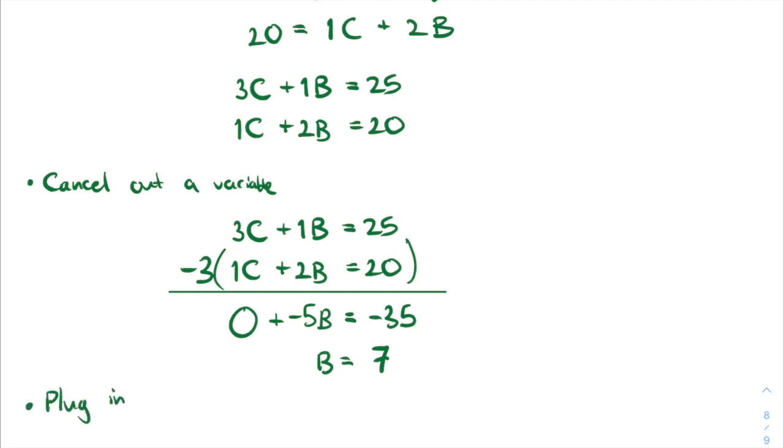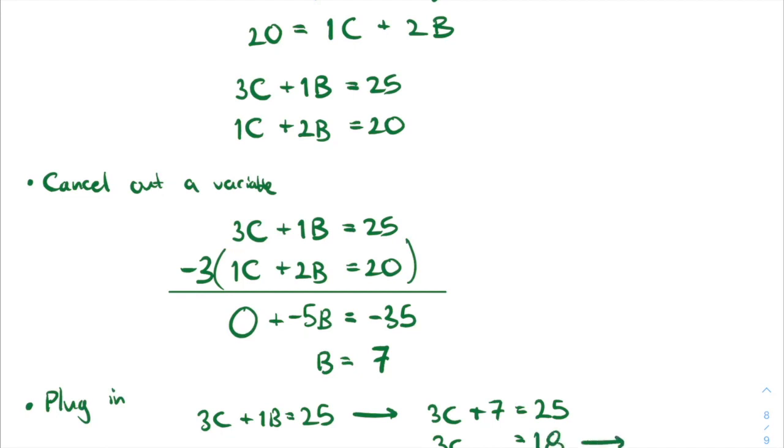Let's plug this in. We can use either of our equations. So I'll use maybe our first, 3C plus 1B equals 25. Gives us that 3C plus 7 equals 25. That 3C equals 18, which tells us that C is equal to 6.